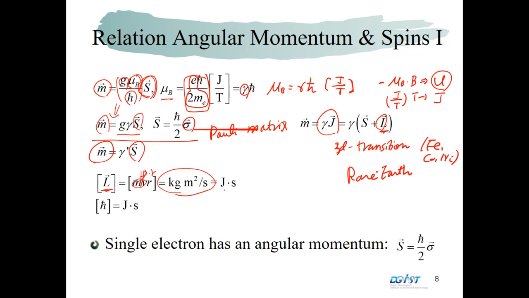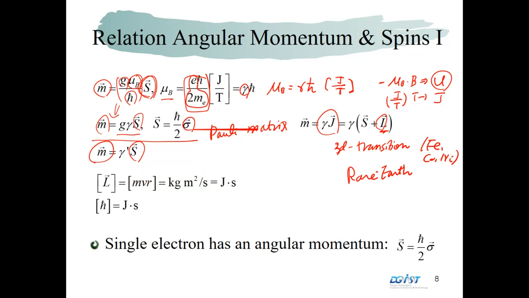And that is nothing else but joule multiplied by second. Okay, so the h bar, the Planck constant, has the same unit, joule second. In other words, the h bar is the unit of the angular momentum.